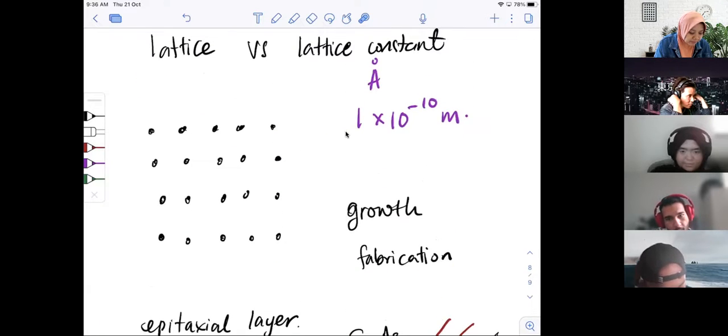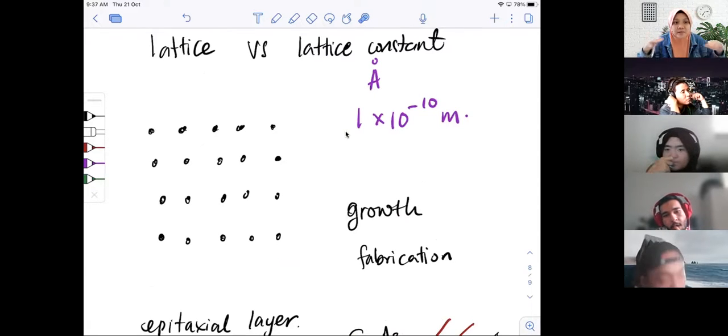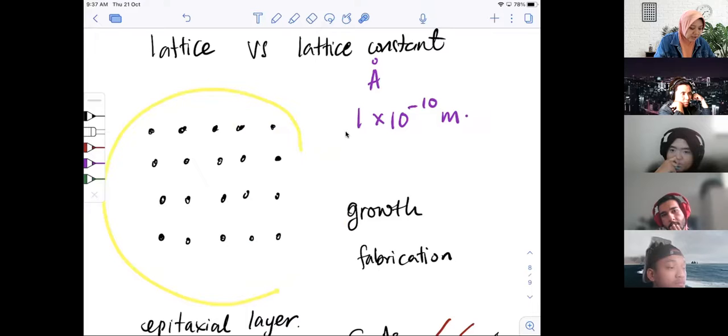Now, defects. There are many types of defects. For example, if there's no kuih lapis at all, it means there's no semiconductor material. But sometimes you will get the layer, but you see imperfections in it, for example, bumps. In our lattice here, a good semiconductor material has a very orderly arranged lattice. Everything nice, everything perfect.